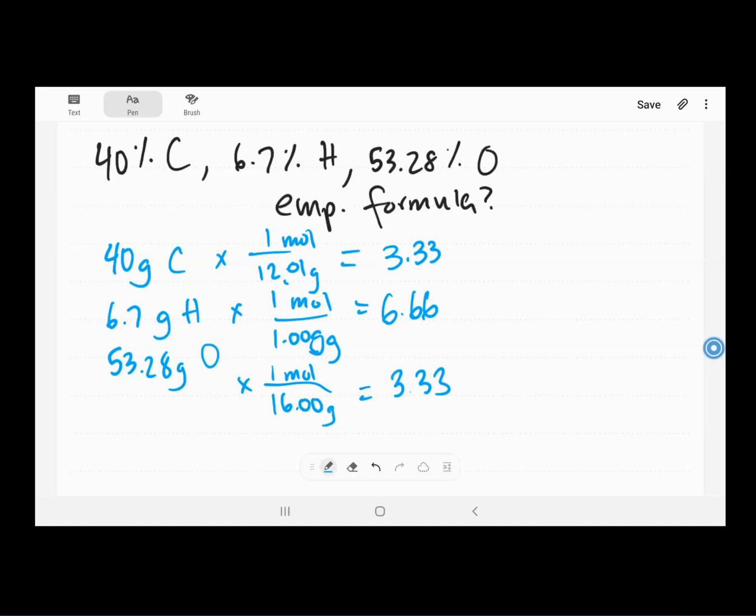Alright, so if we divide by the smallest number, that equals 1, 2, 1, which tells us our formula is CH2O. Alrighty. Is that okay? Anybody have questions on that part?